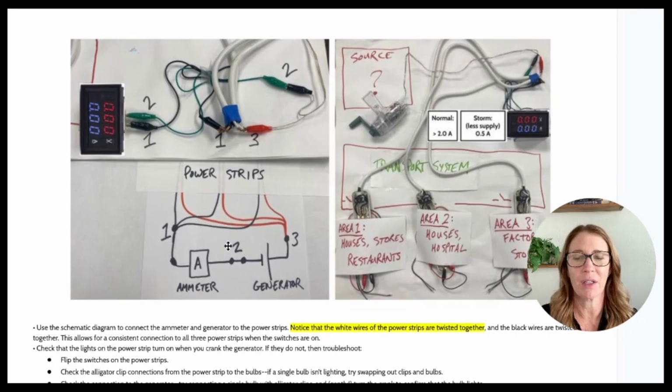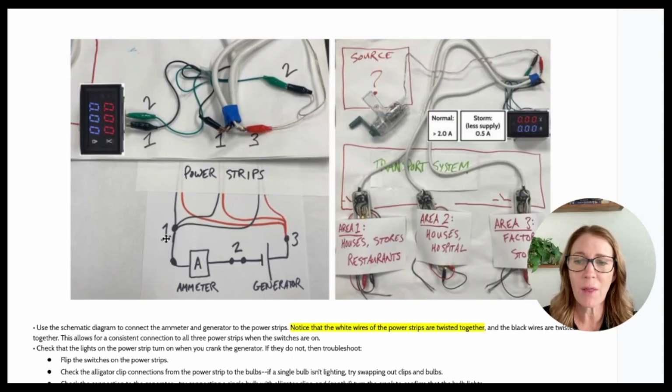Here's a schematic. And so you're going to see that you have 3 surge protectors, but you're going to twist all of the white wires together right here and connect it to an alligator clip, as you see in the 1 position. You're going to twist all the black wires from the surge protectors together, represented in red, and then connect the number 3 alligator clip.